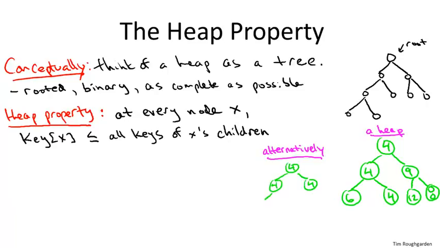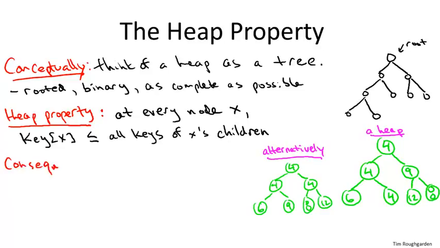The important thing is that in any heap, the root has to have a minimum value key. Just like in these two organizations of these 7 keys, the root is always a 4, the minimum key value. So that's a good sign, given that one of the main operations we're supposed to quickly implement is to extract the minimum value. So at least we know where it's going to be. It's going to be at the root of a heap.